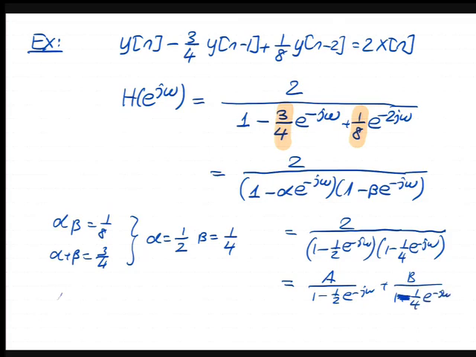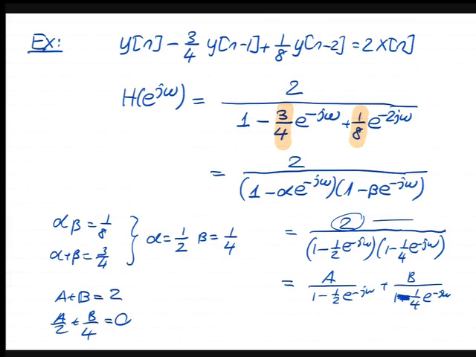Okay, you're saying good things. That saves me time. You're saying A plus B is what? 2, right? And what else did you say? It is 0 because there is no e to the negative j omega term here, right?